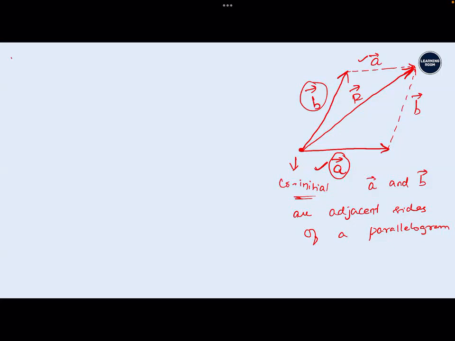So mathematically, what we can say is R vector is equal to A vector plus B vector. This is the mathematical expression.